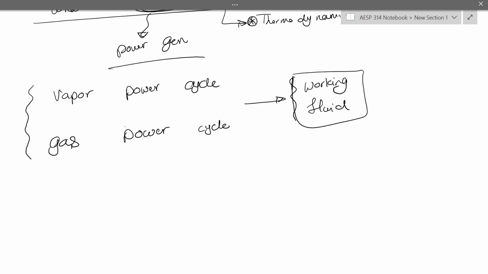Can you give me an example of a gas cycle? So your working fluid, the fluid that you are heating up and extracting energy from, is gas. Can you give me an example? Internal combustion engines.